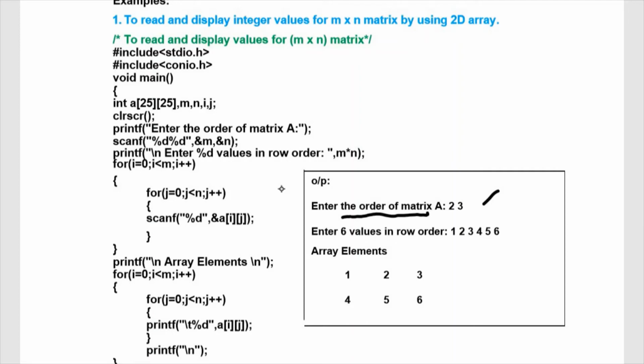It means read the first value and store it in m, read the second value and store it in n. Now print enter %d values in row order, that is m into n. So it will print on the screen as enter 6 values in row order.